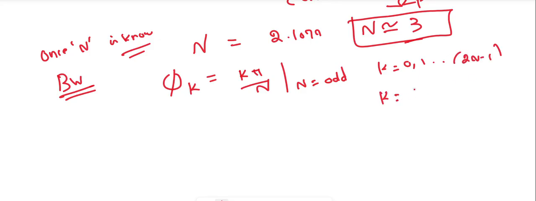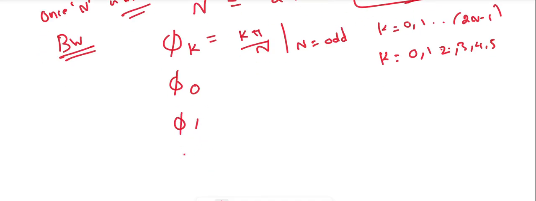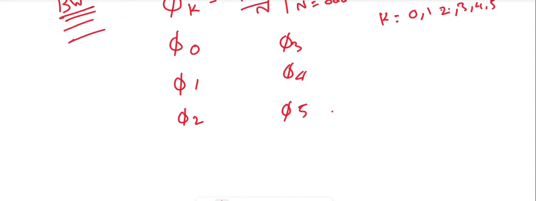So you determine phi 0, phi 1, phi 2, phi 3, phi 4, phi 5. Those are only the steps I'm saying. So these are the Butterworth poles, then find out the stable poles.